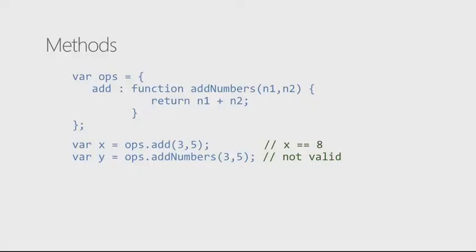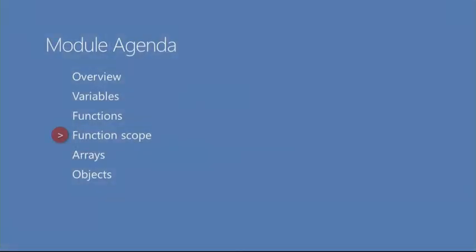But going back over into our example, why is it not valid to say add numbers? So you have any guesses on it? It looks like it's hidden to me. You are correct. And in fact, that is what I'd like to get into right now, and that is scoping, which is a pretty big deal, especially when we're dealing with our Windows 8 applications and we're trying to figure out how we're going to do proper structuring of our code.